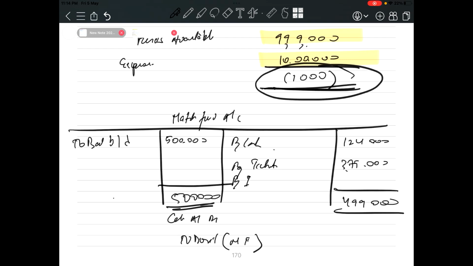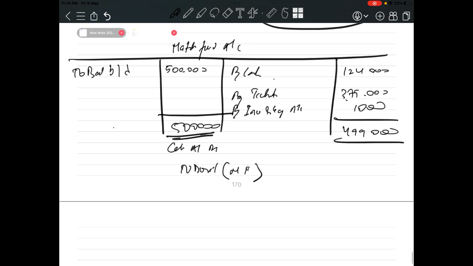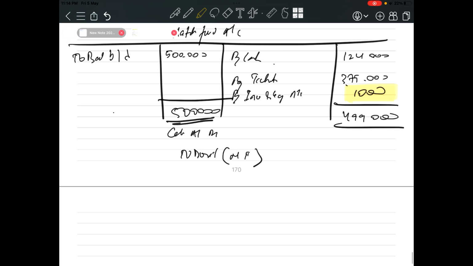This is a difference. This will go to income and expenditure account, okay, 1,000 rupees. When you prepare some account, plant and machinery account, when you have a loss, where loss used to go? Loss used to go to the P&L account, right? Similarly, in case of match fund, this 1,000 will go to the income and expenditure account, because income and expenditure account cannot have negative balance.